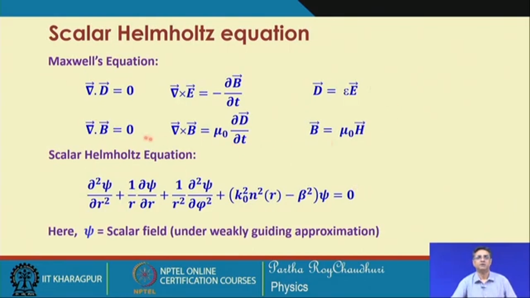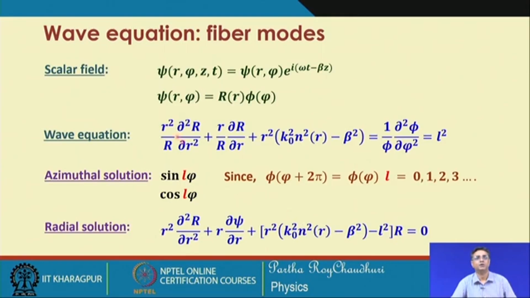So, we start with Maxwell's equations, and we have seen that they yield the wave equation, the scalar Helmholtz equation in cylindrical coordinates, because the fiber structure is cylindrical. So we write in cylindrical coordinates the scalar Helmholtz equation, where psi is the scalar field under the weakly guiding approximation.